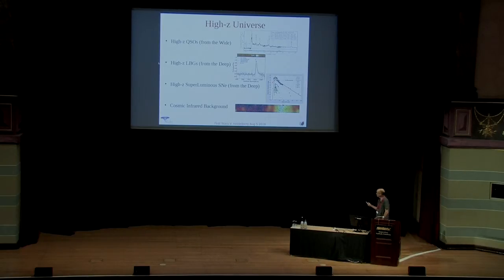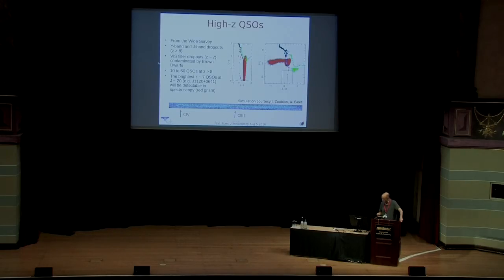So we expect to find high redshift quasars from the wide surveys, high redshift Lyman break galaxies from the deep survey, possibly high redshift superluminous supernovae from the deep survey, and there will also be cosmic infrared background studies which encode signatures of very high redshift galaxy populations.